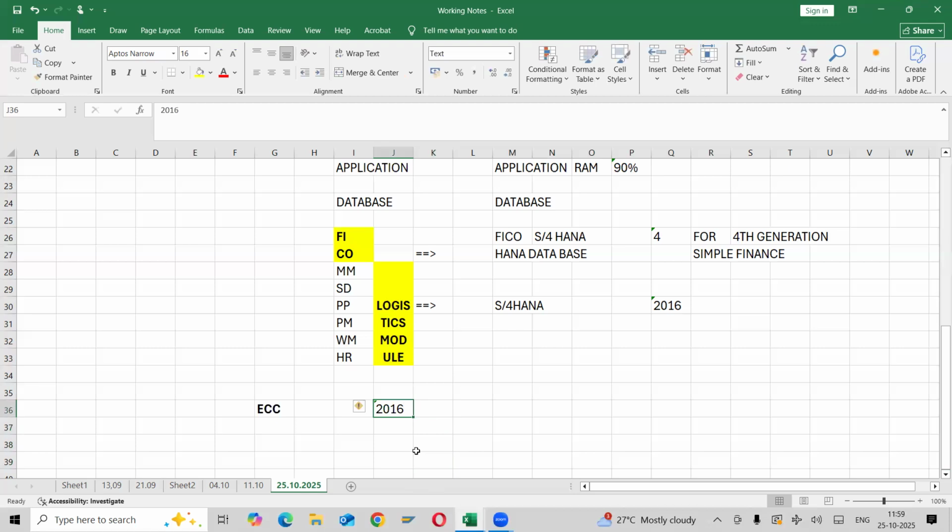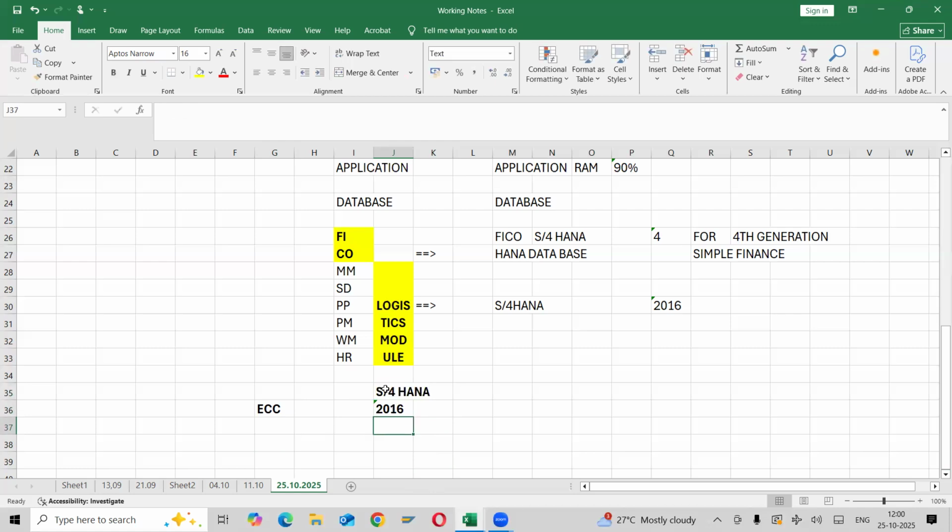So what SAP has given is, the customers who are using the ECC product since long need to migrate from ECC to S4 HANA. So what was the deadline earlier, before the pandemic?